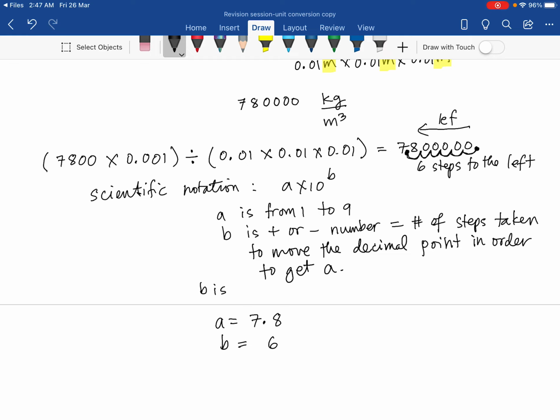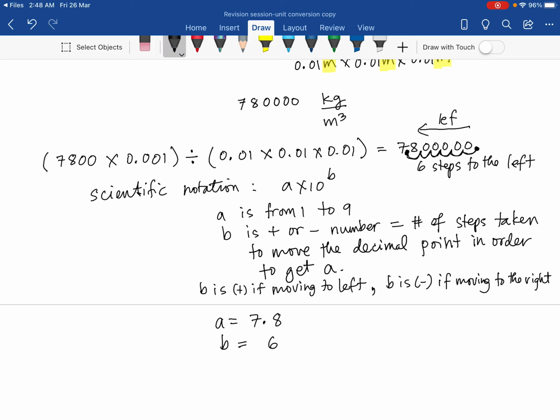If you move the decimal point to the left, B is positive, and B is negative if moving to the right. Meaning if you move the decimal point to the right, then B will be negative.